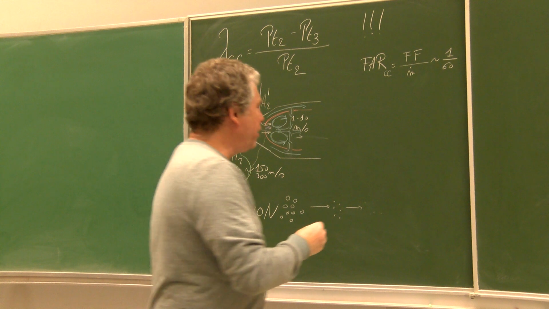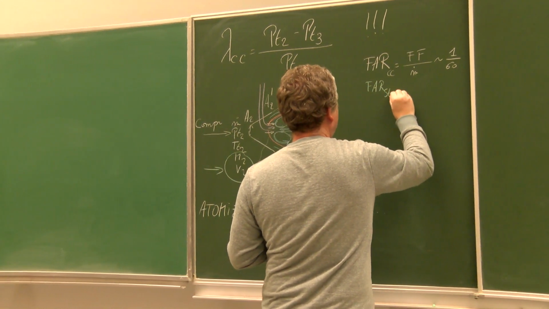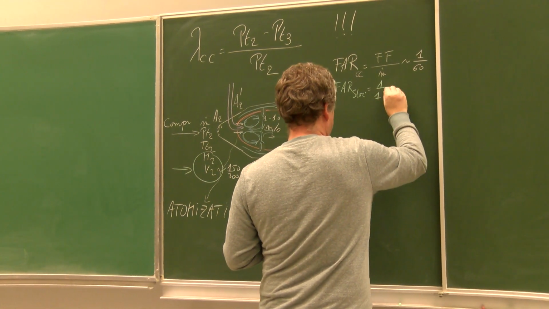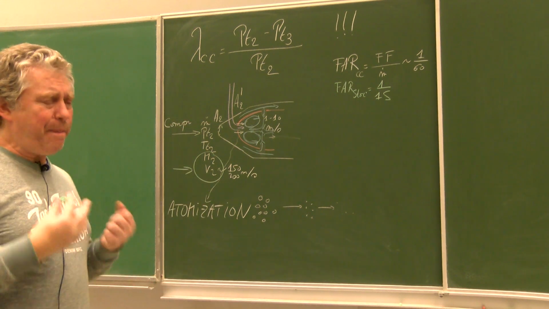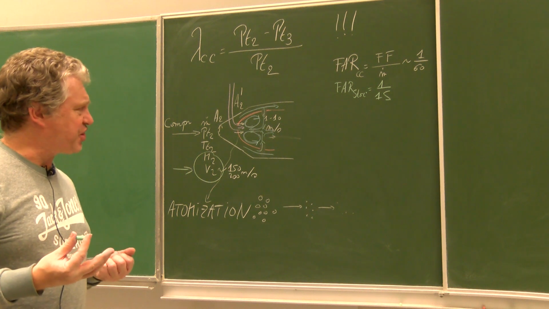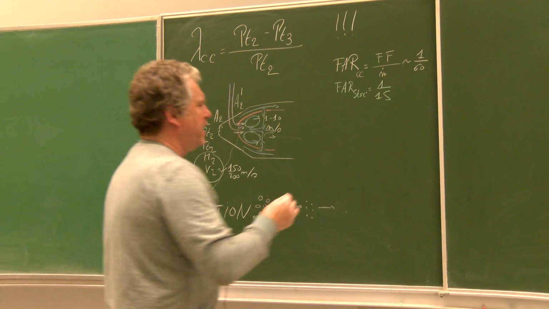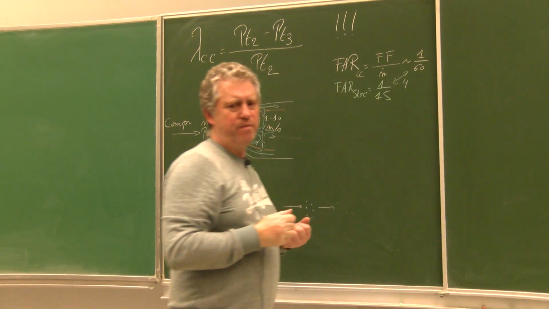Whereas the stoichiometric fuel to air ratio that you should have in order to have a rapid ignition and a good combustion of the mixture is something like 1 divided by 15. So you see a ratio 4 between the two.